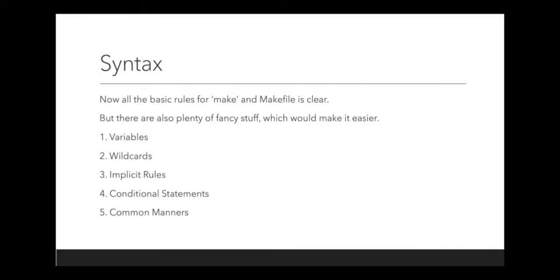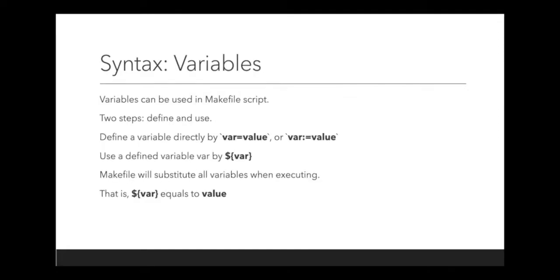So now all the basic rules for make and makefile are clear, but there is also plenty of fancy stuff which would make it easier. I will introduce them one by one. We can define variables in the makefile script.